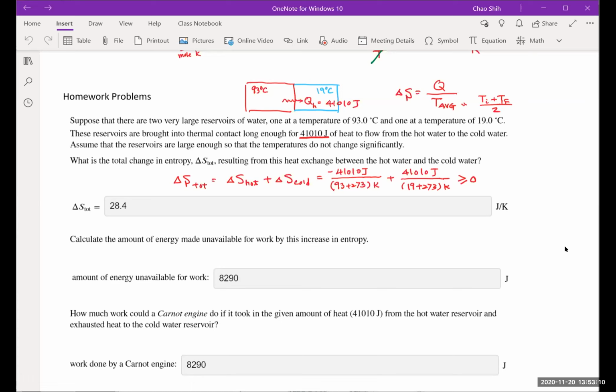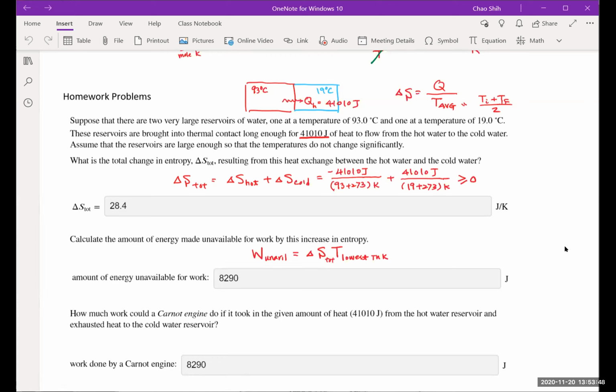Okay, so what about work? If you remember the unavailable work that we mentioned at the beginning of the course, it's equal to the change of entropy times the lowest temperature in Kelvin. Because the change of S is the heat over the temperature, this refers to the total.